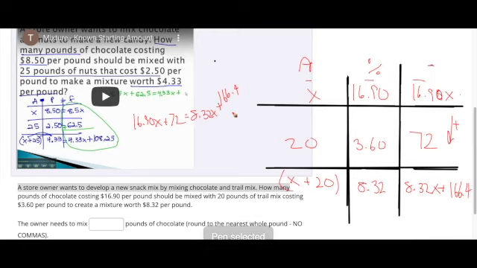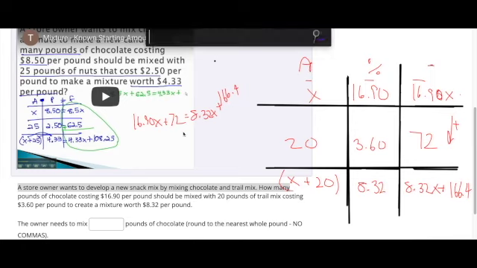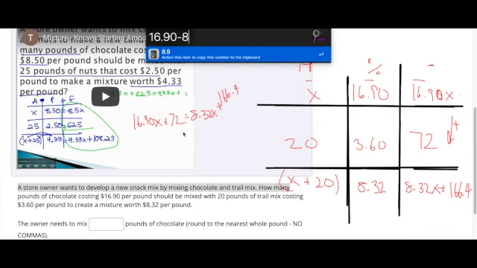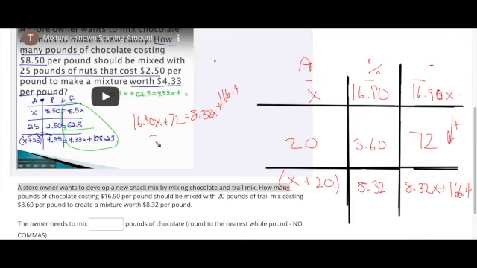And the first thing I'm going to need to do is bring this over. So 16.9 minus 8.32 will give me 8.58. So that's what's going to go here. 8.58x. And you notice that I'm going to have to bring the 72 over, subtract 72 from both sides.